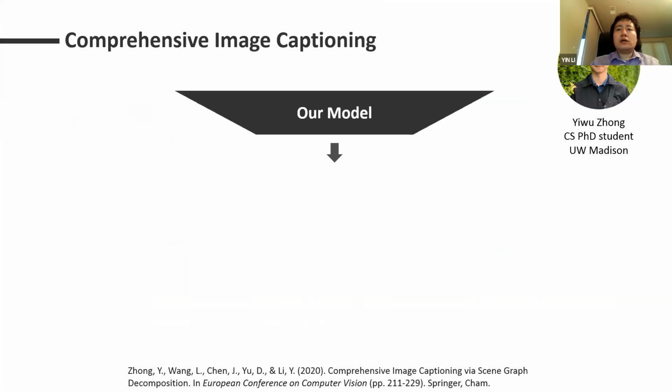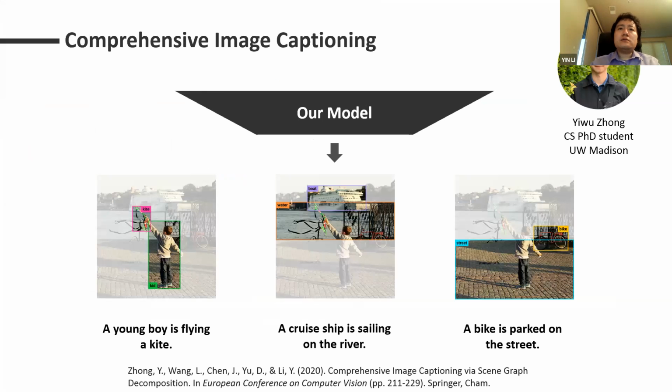So we present this work that was published in 2020, again from my excellent PhD student, Yu Zhong, that presents a single model that is able to generate multiple captions from a single image. And these captions are also grounded.